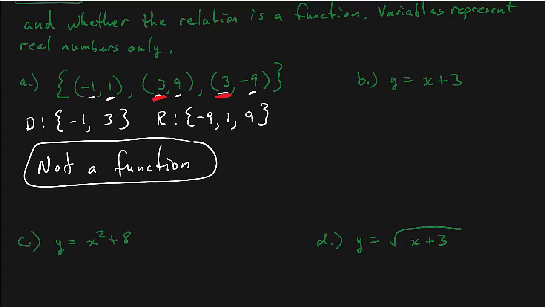Well, is it okay if I plug 0 in for x? If I plug 0 in, 0 plus 3 is 3. Plugging 0 in didn't violate any math rules. I didn't get a 0 in the denominator or anything like that. So it's okay to plug 0 in because there's nothing wrong with doing 0 plus 3.